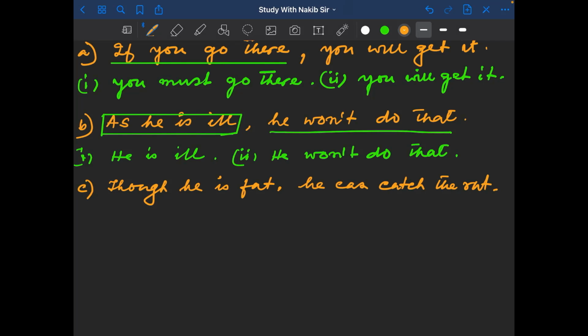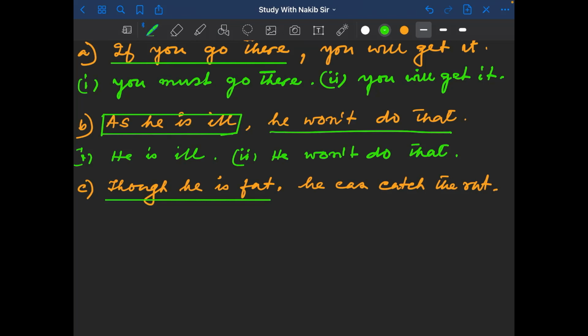Though he is fat, comma, he can catch the rat. Oh, you know very well, though he is fat is an adverb clause, a concessional adverb clause, and for this we can make a separate sentence.